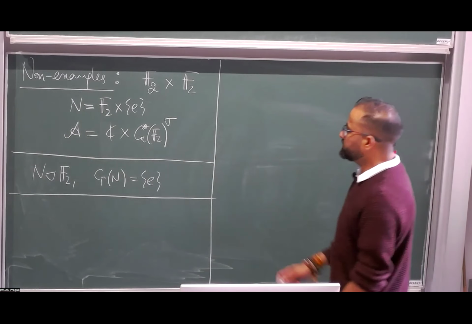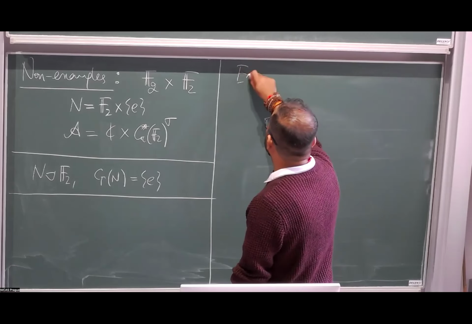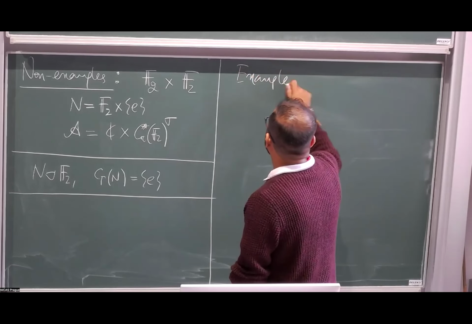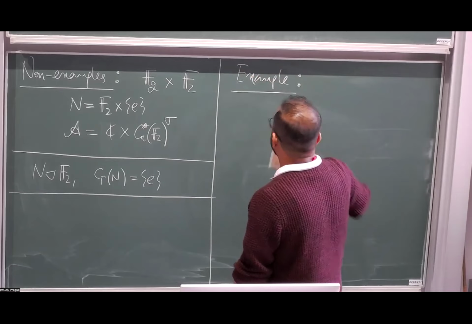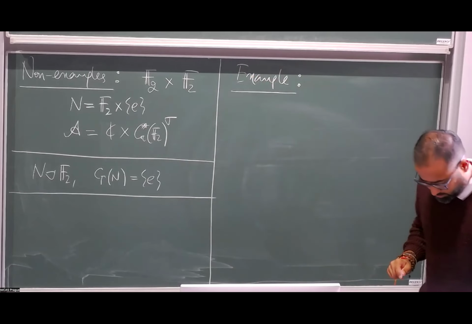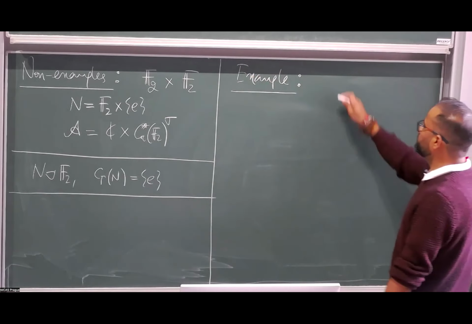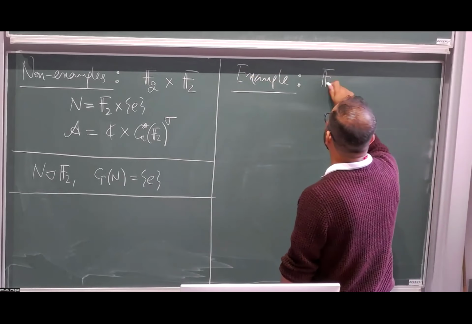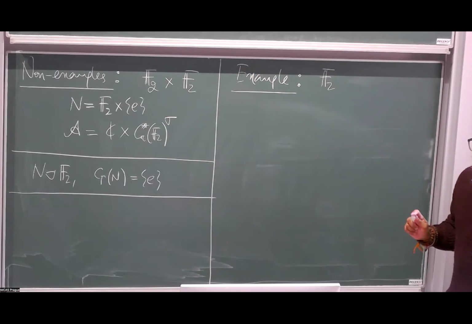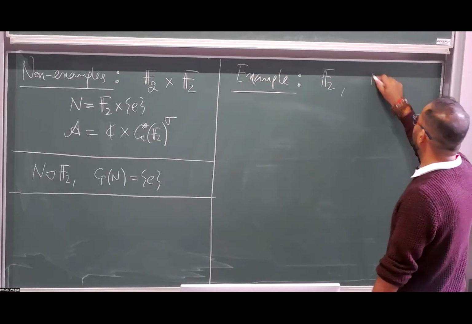Okay, so here is another example to keep in mind. Let's consider a free group F2, and let's pick two normal subgroups here.